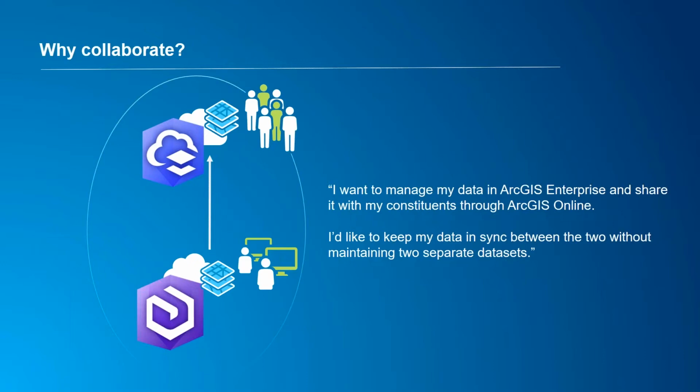So one way to utilize distributed collaboration is to keep data in sync between your ArcGIS Enterprise portal and an ArcGIS Online organization. This might be a Hub, for those of you familiar with the ArcGIS Hub product, to create community-based initiatives and share apps, content, and open data. There's a range of different opportunities where you'd want to establish a collaboration between your enterprise portal and an ArcGIS Online organization.